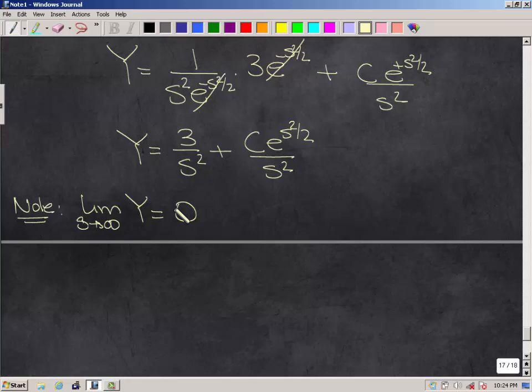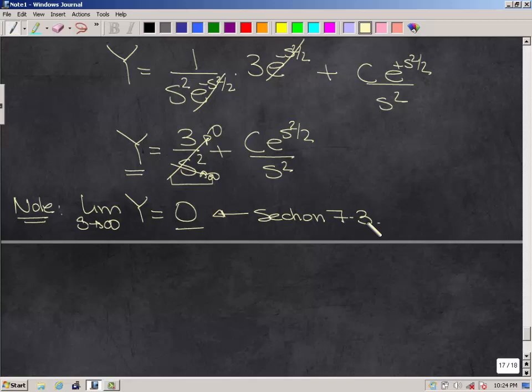Let's take a look at this over here. If I take the limit of this as s goes to infinity, this whole thing will go to 0, so that's good. This was a property, this always has to happen. This was in section 7.3.